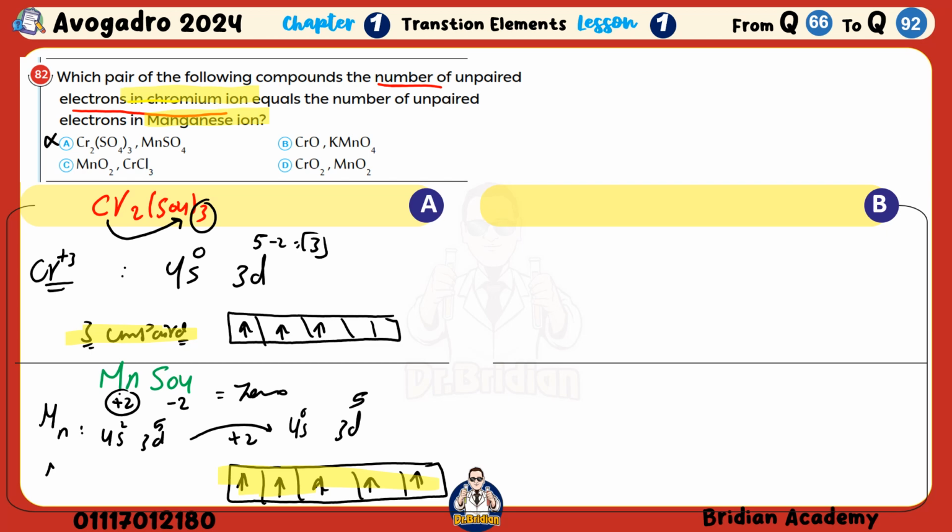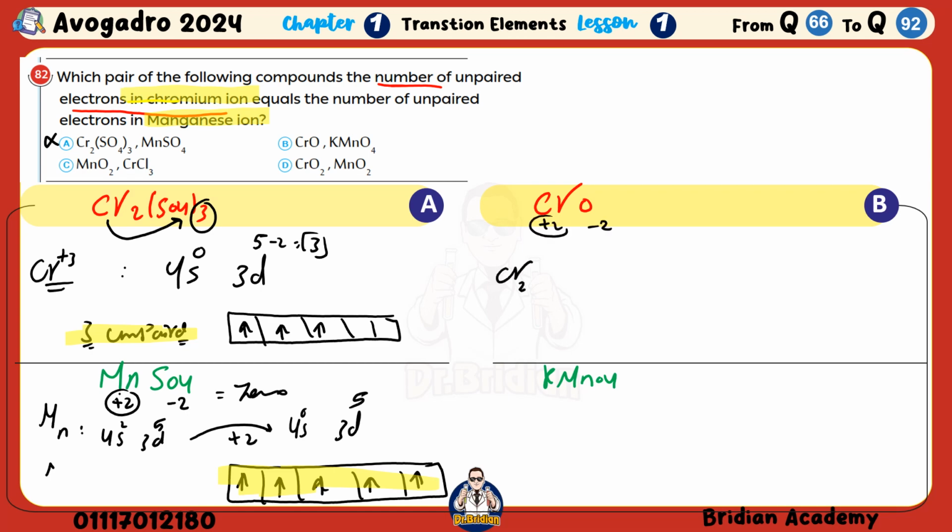Choice B, we have 2 compounds. The first one chromium oxide and the second one potassium permanganate. Okay, the oxidation number for chromium in chromium oxide will be positive 2 because oxygen is minus 2 and chromium will be positive 2.